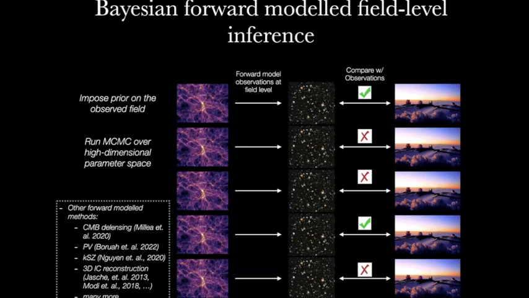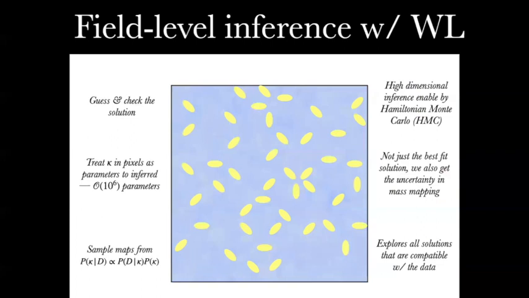Depending on how good a match the forward modeled observations are to the data, we change the field which was used to create these observations. By doing this over and over, we get a density field that actually fits the observations from the telescopes.